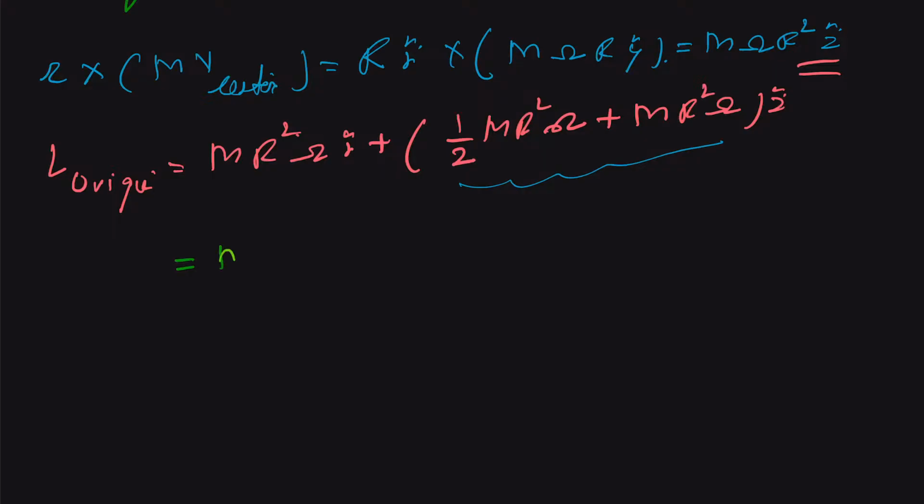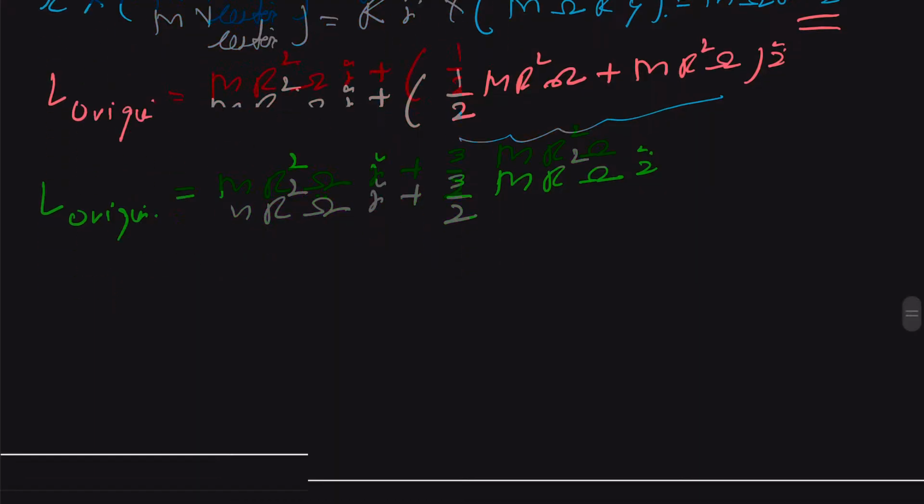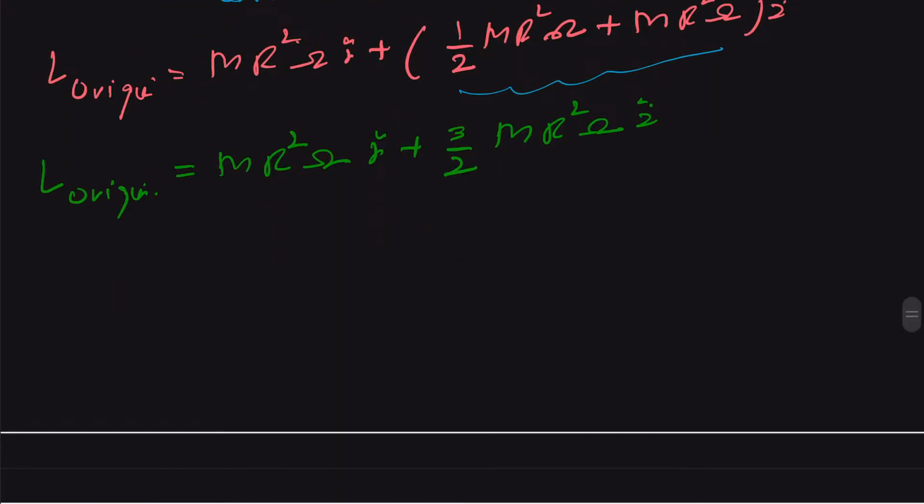So we get m r square omega x unit vector plus 3/2 m r square omega z unit vector. So this is our angular momentum about the origin.